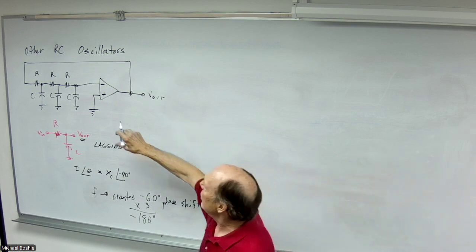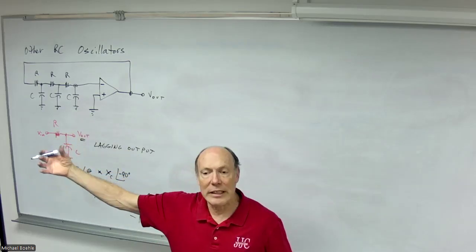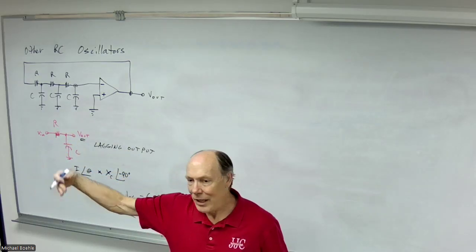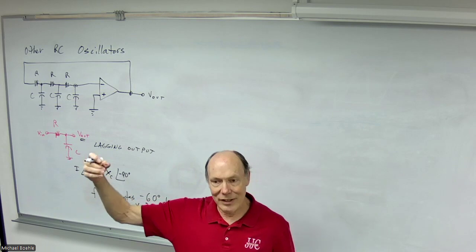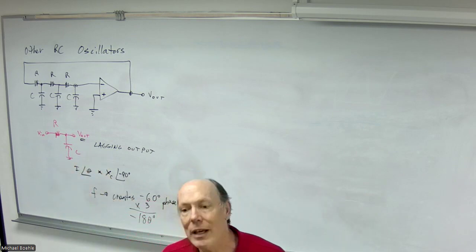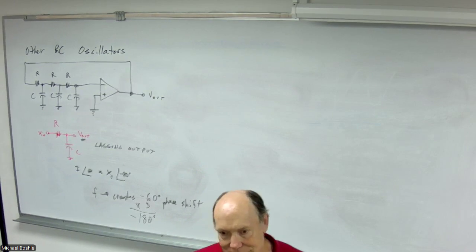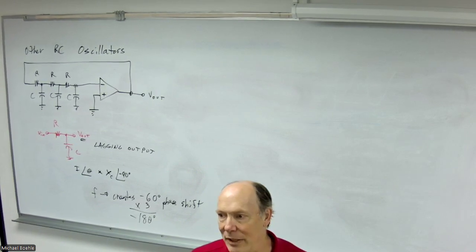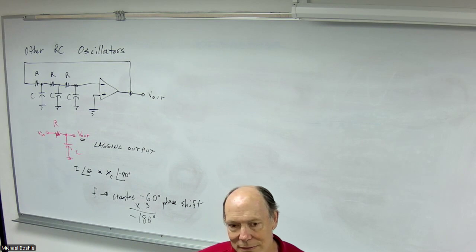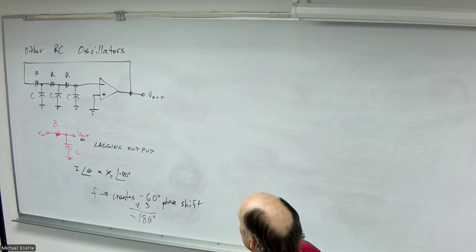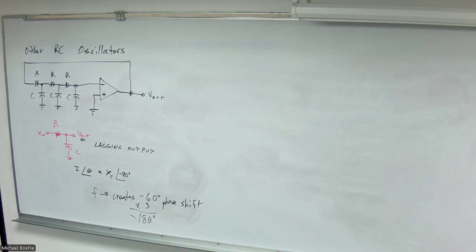If I switch the position of the resistor and the capacitor, it becomes a lead. And I do the same thing. 3 times a 60-degree phase shift is 180. Well, 180, negative 180 is the same thing. Make sense to everyone? That's one RC oscillator.